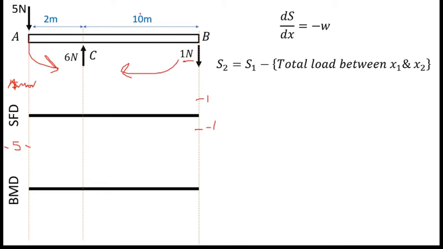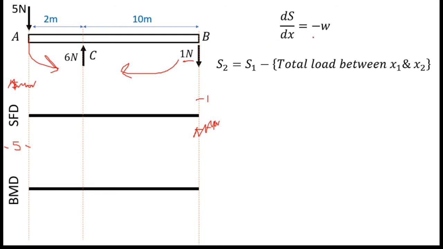So according to our sign convention, clockwise moments are positive when we consider shear force. So that means this plus value is our value, so I can delete this minus value, right? Okay, those are the starting point and ending point.